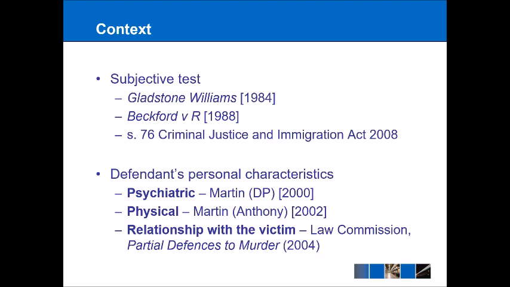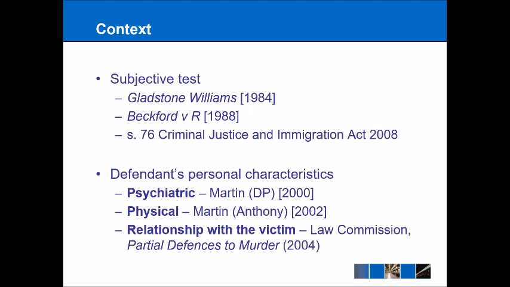And this means that in the actual court case, we can actually look at what the defendant is like as a person and ask quite prying questions into their background to get an understanding about how they would perceive the circumstances. So we can look at potentially the psychiatric makeup of the defendant.